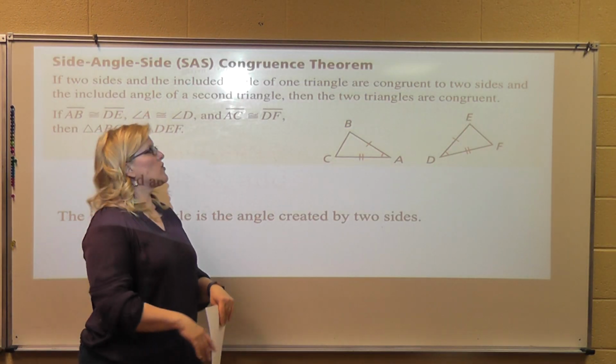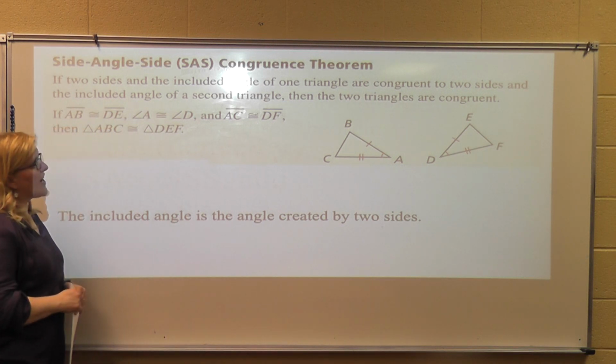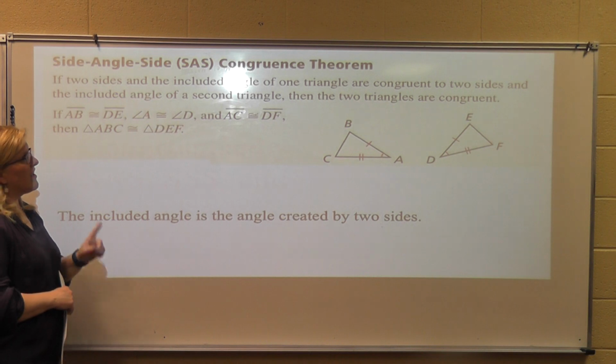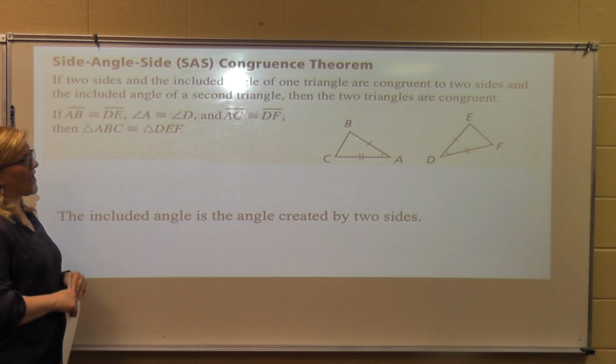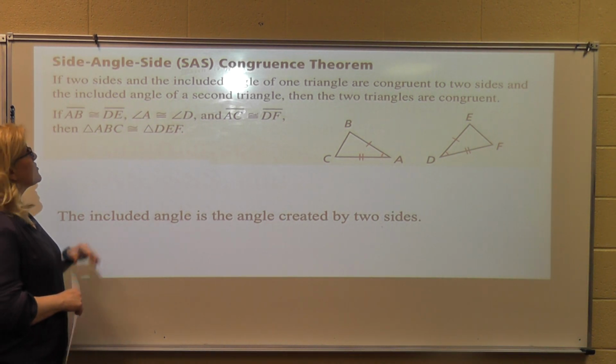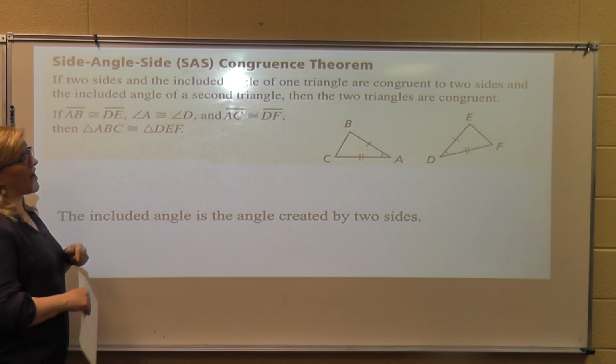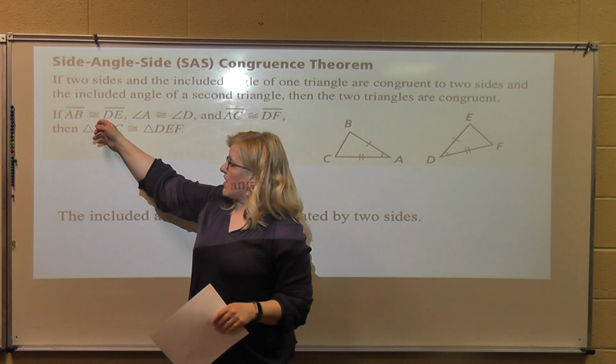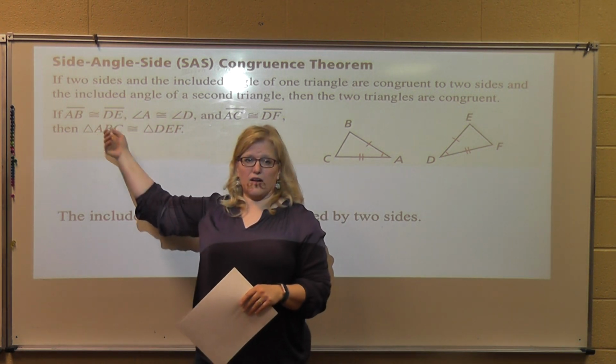First of all, the side, angle, side congruence theorem. If two sides and the included angle of one triangle are congruent to two sides and the included angle of a second triangle, then the two triangles are congruent. They give you the congruence statements right here.